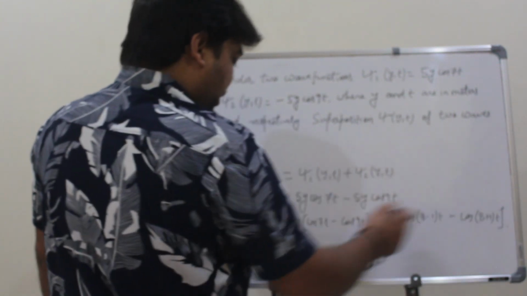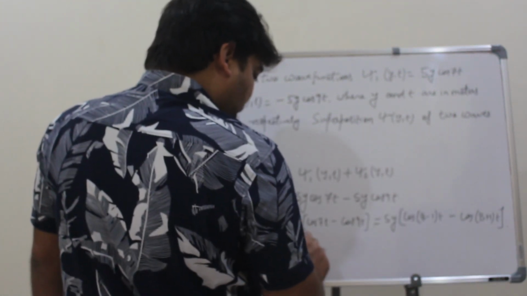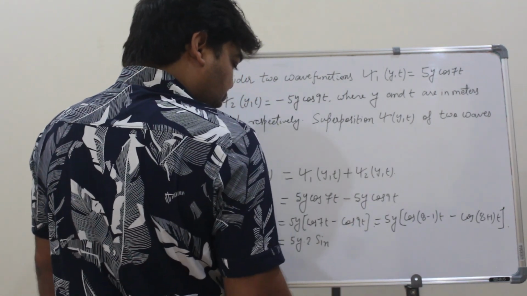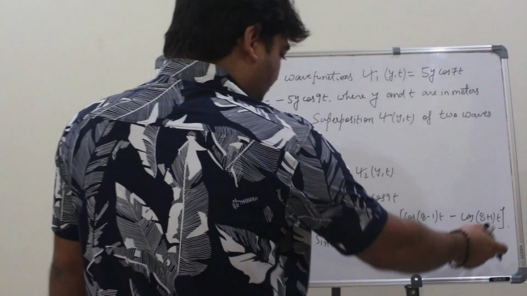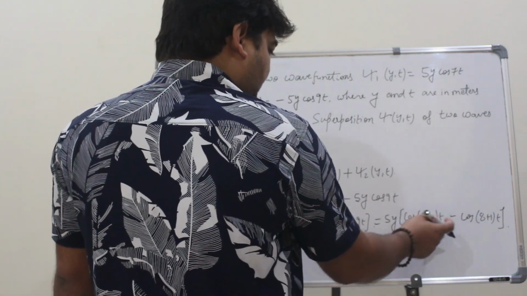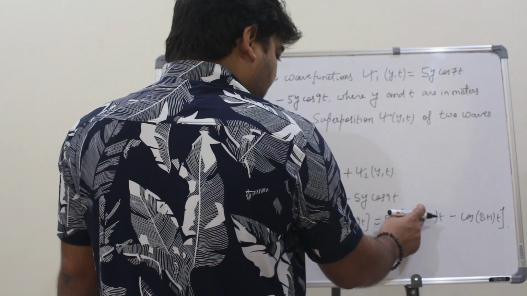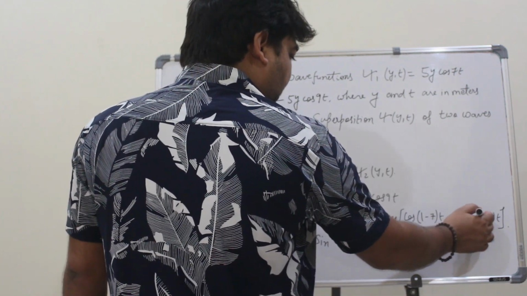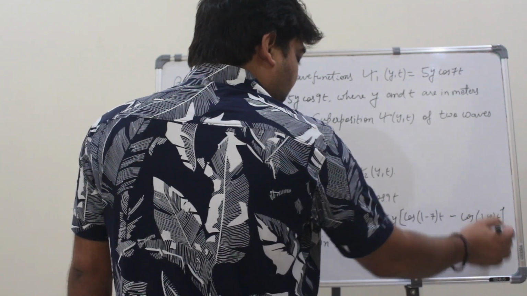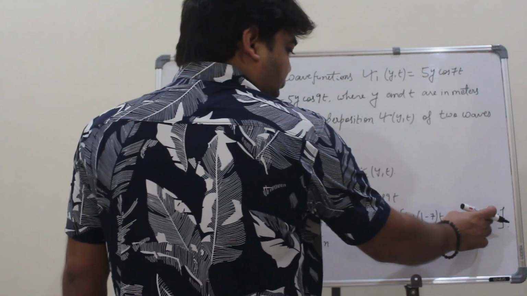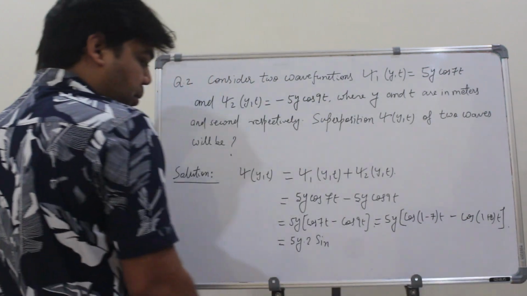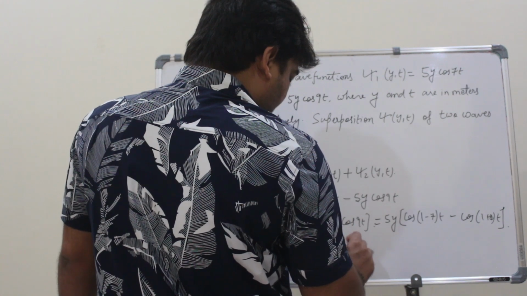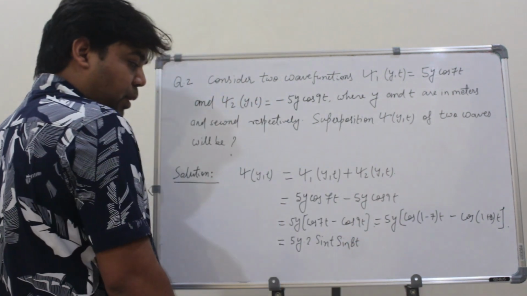So it can be simply written as 5y multiplied by 2 sin t sin 8t.